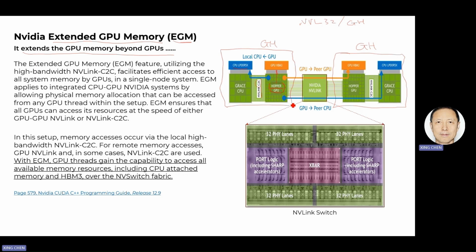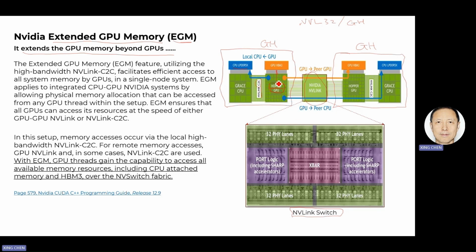Because of the size of the system, the connection has to be done by using the NVLink switch. So the connection has to go through the NVLink switch. This is the high-level architecture of an NVLink switch. It should be fitted into this square to pass the traffic.